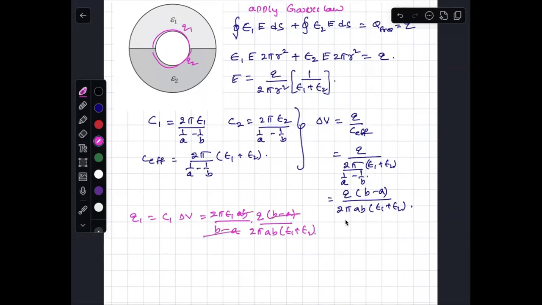Cancel, cancel, cancel. Finally, I can write it as epsilon 1 by (epsilon 1 plus epsilon 2) times Q. This is Q1. Similarly, I can write Q2 as epsilon 2 by (epsilon 1 plus epsilon 2) times Q.